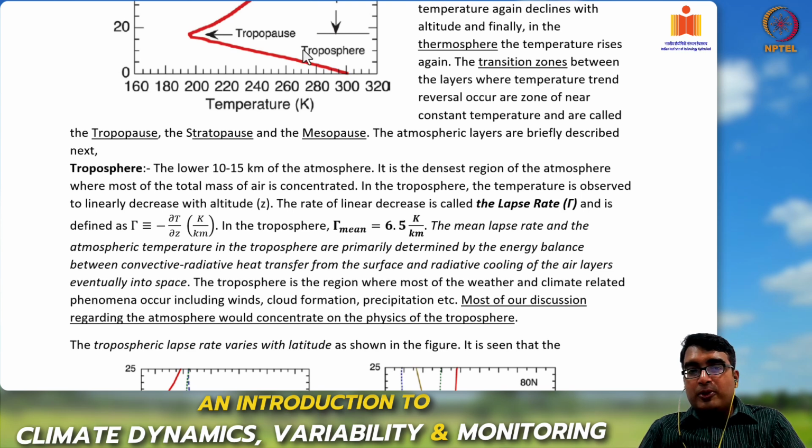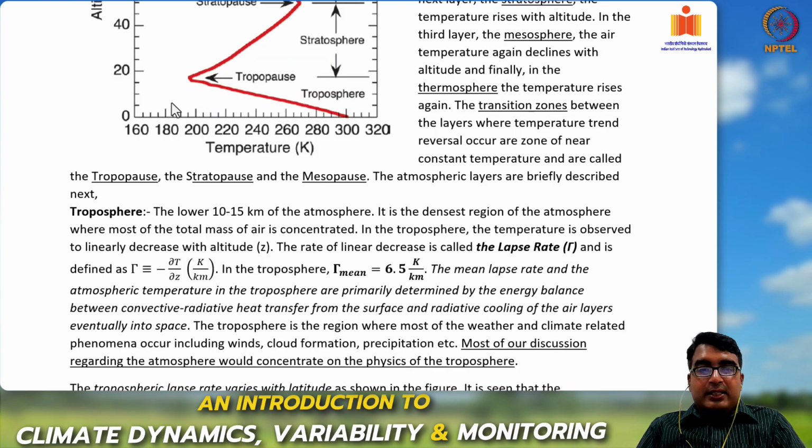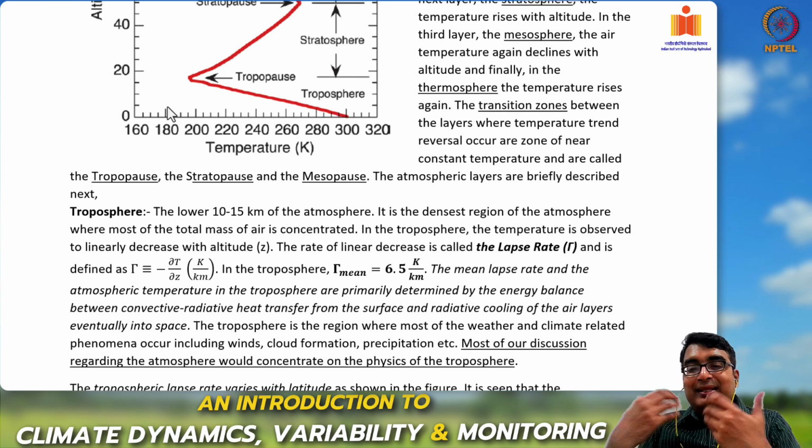So in this troposphere, suppose you take a small block of air somewhere. This air block is absorbing radiation coming from the earth. We will see that the atmosphere absorbs radiation that is being radiated by the earth primarily. It is mostly transparent to solar radiation. So it absorbs heat radiation coming from the earth and hence heats up.